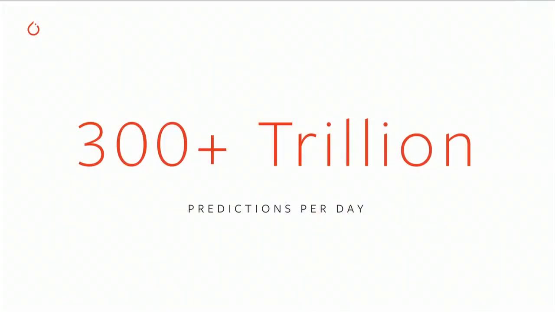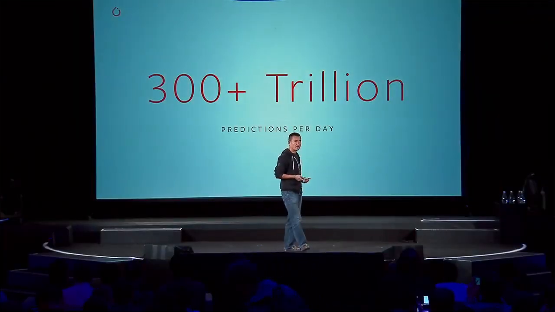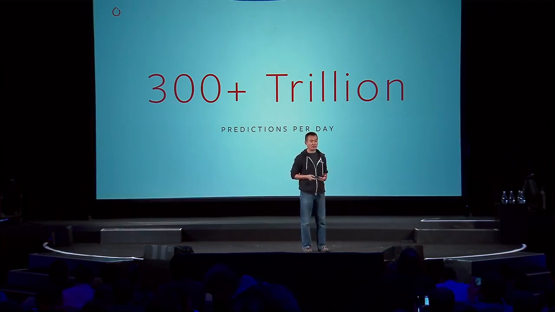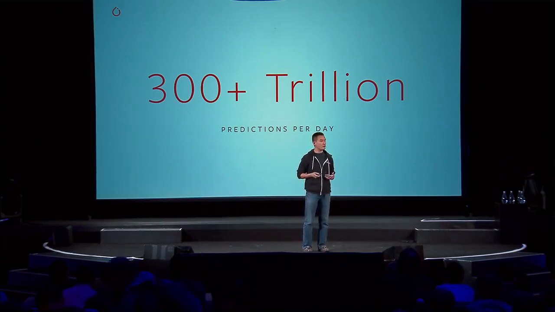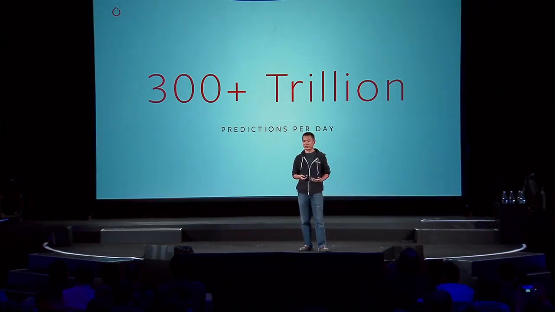To understand the scale of AI systems at Facebook, Facebook has 2.2 billion monthly active users. And most of these monthly active users come to Facebook every single day. Our AI systems generate more than 300 trillion neural network-based predictions every single day.